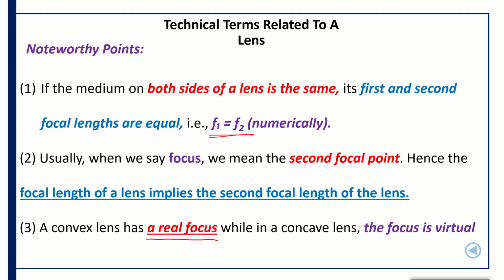Thus, it is not creating a real image, or really making the rays meet at that point, so we call that focus the virtual focus of a concave lens. So a convex lens will have a real focus and a concave lens will have a virtual focus.